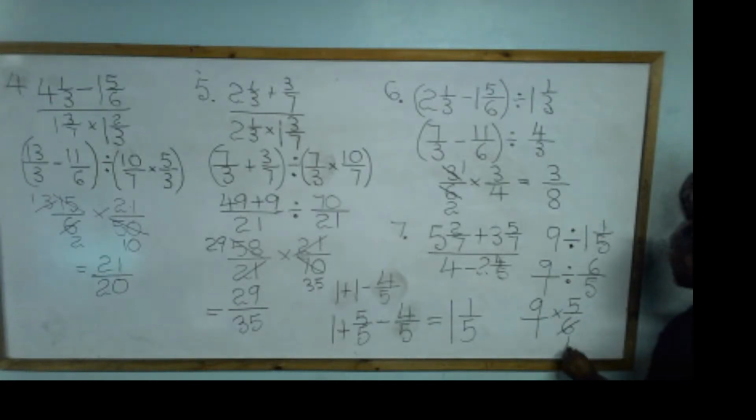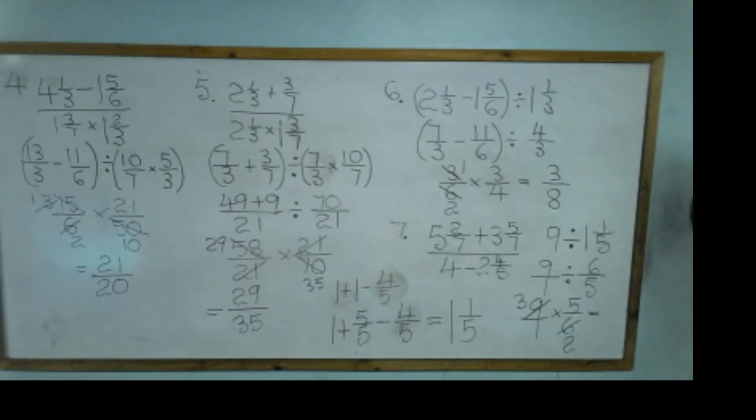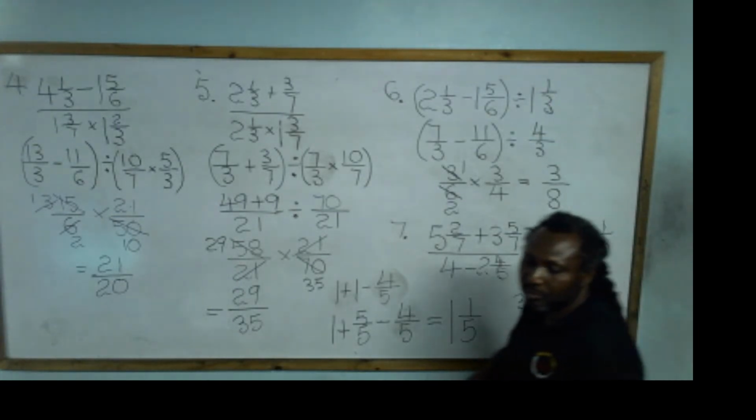You simplify that by a common factor of 3. 3 into 6 is 2, and 3 into 9 is 3. So that is 15 over 2.